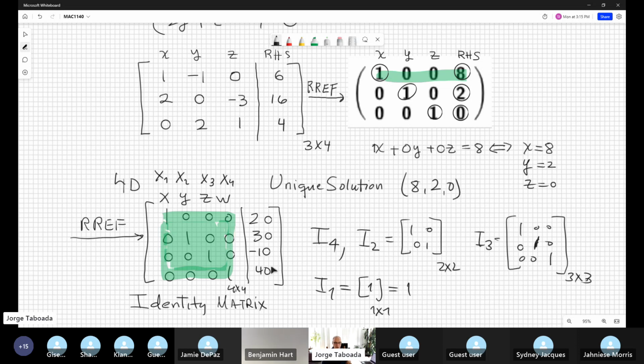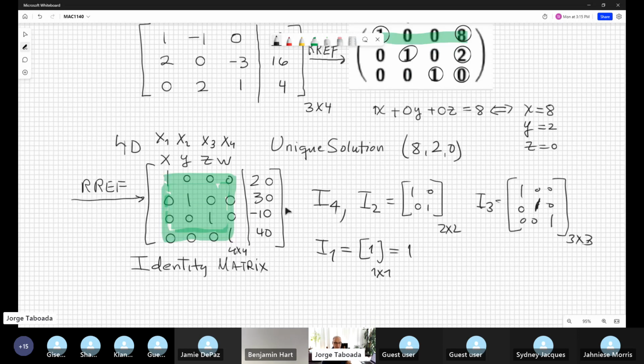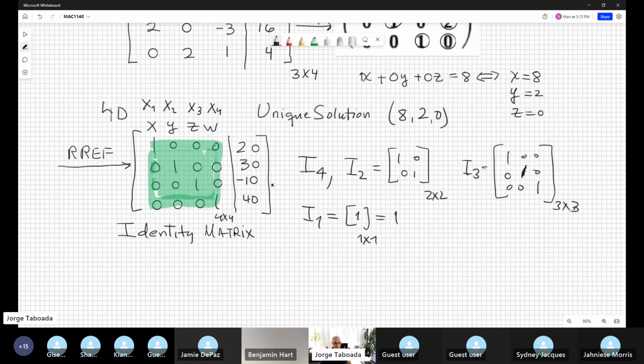Okay, so now the conclusion in this example is clear. X is equal to 20, Y is equal to 30, Z is equal to negative 10, and W is 40. So this is the typical format for the unique solution.